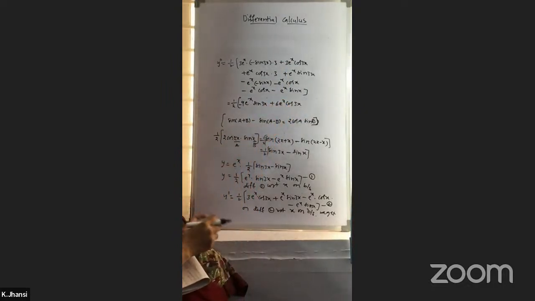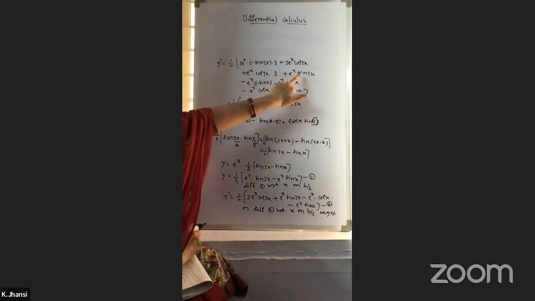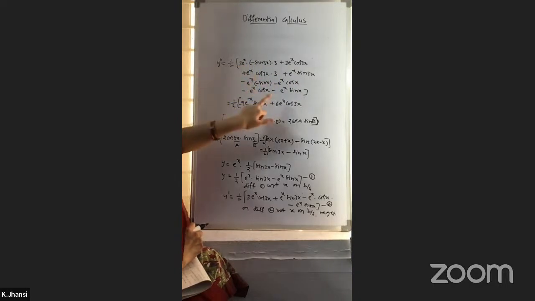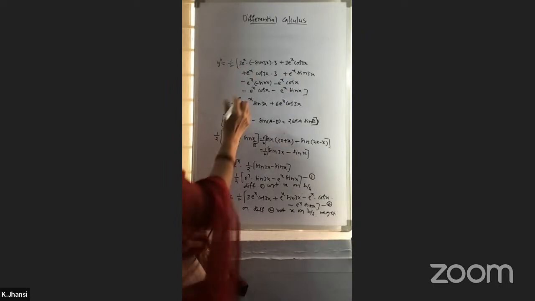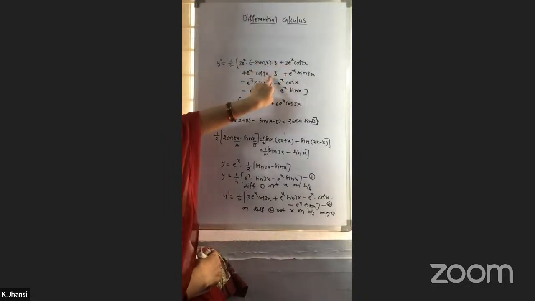Next, sin 3x: here plus e power x sin 3x is there. Here we got minus 9, these are minus 9 and plus 1, so you'll get minus 8. Here minus 8 e power x sin 3x. So these two terms we have added, these two terms we have added.